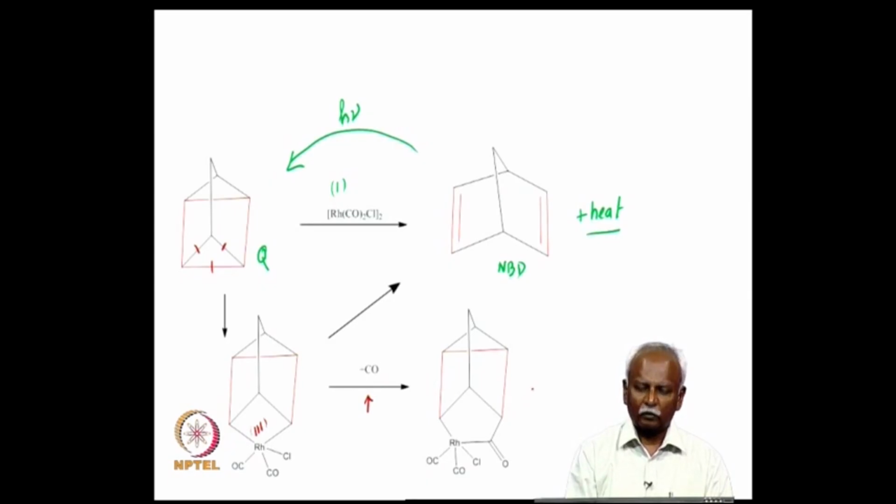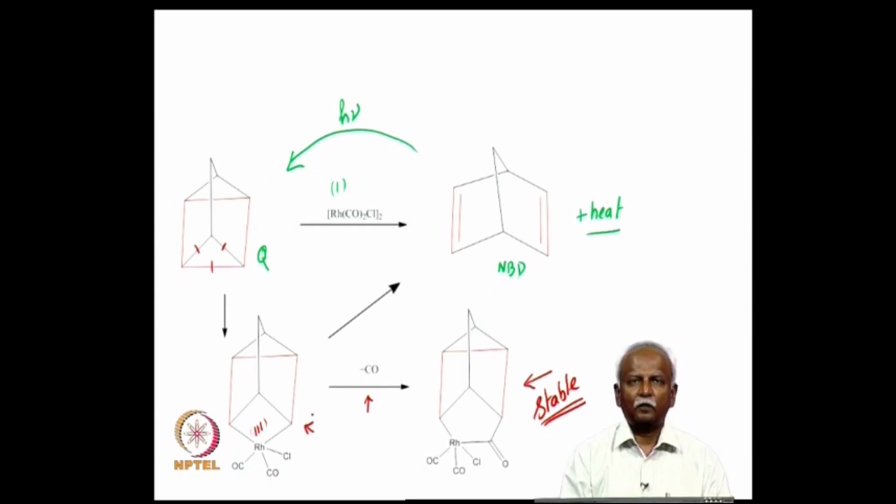Because this product was stable and could be isolated, the intermediacy of a rhodium(III) compound was sufficient to explain both the formation of norbornadiene and the formation of this insertion product.